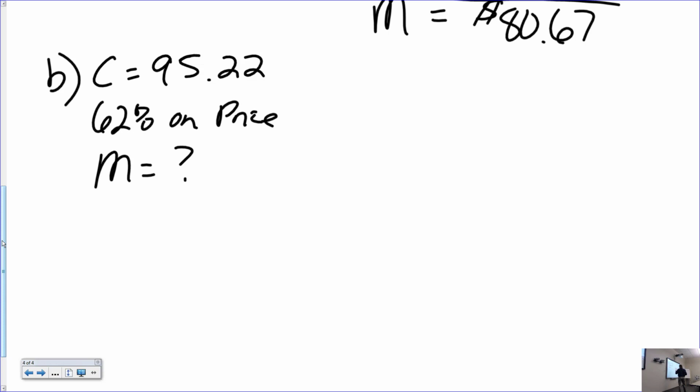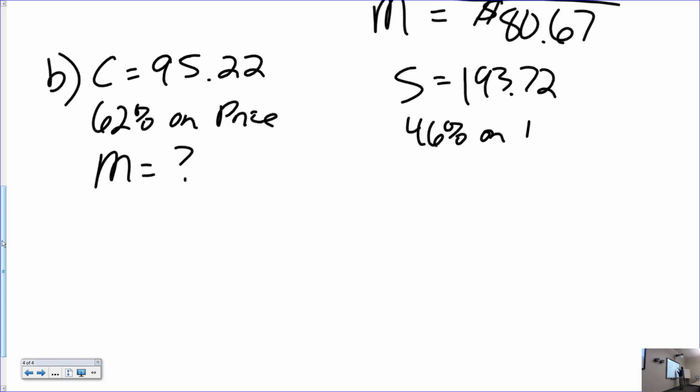On the other side, I said, oh, I'm selling a statue for $193.72. My markup is 46% on price. I said find the cost. So now the first test has to do the funny game where it takes a little bit of work to figure out what the selling price is.